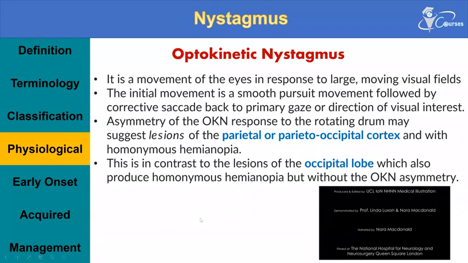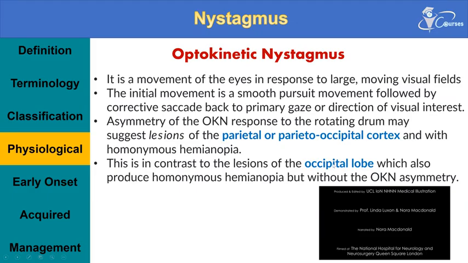So when you are rotating the drum from right to left or left to right, up to down, down to up, it should be symmetrical. But if it is asymmetrical, you suspect a lesion in the parietal or parieto-occipital cortex. So this will be very important, and in this case it will be associated with homonymous hemianopia.